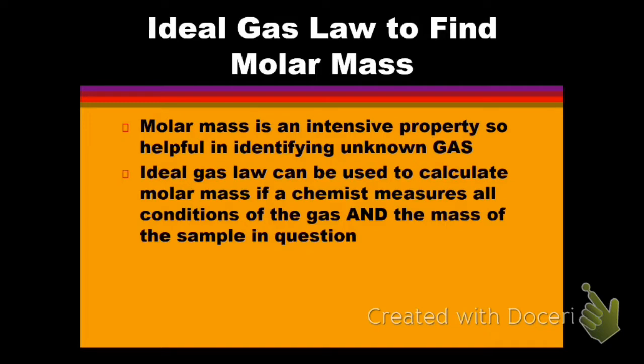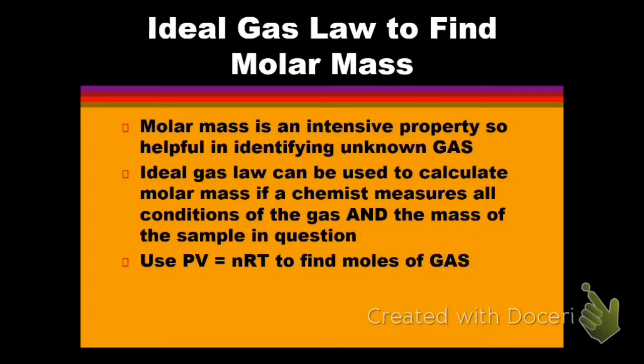So the ideal gas law can be used to calculate the molar mass if a chemist, when running an experiment, would measure all the conditions of the gas, so the pressure, the volume, the temperature, and one additional piece of information, the mass of the sample in question. Then he would be able to solve for the number of moles of gas because you would have the pressure, volume, and temperature.